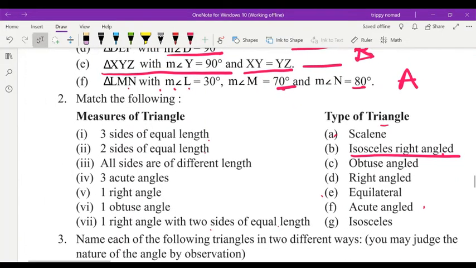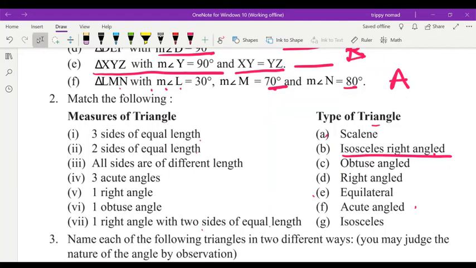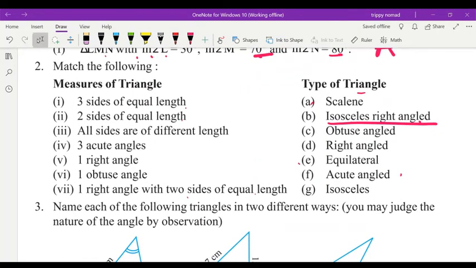Now the next question, you have to match. Three sides of equal length, equilateral triangle. Obviously you know that if three sides have equal length, it will be an equilateral triangle. Now next one, two sides of equal length.